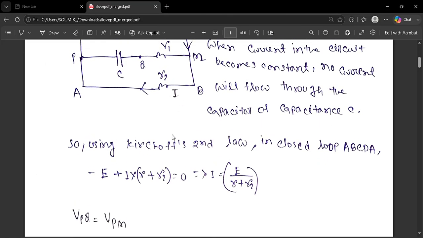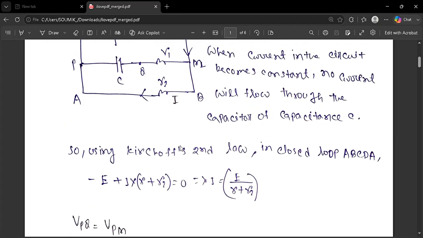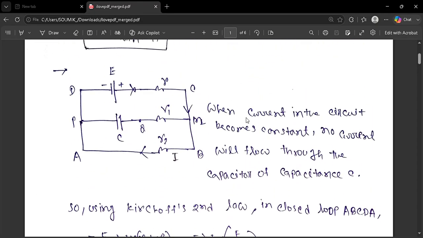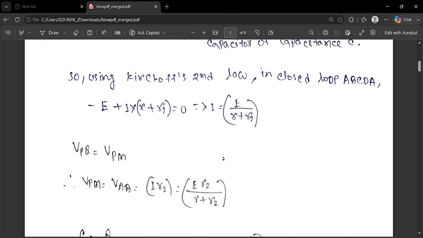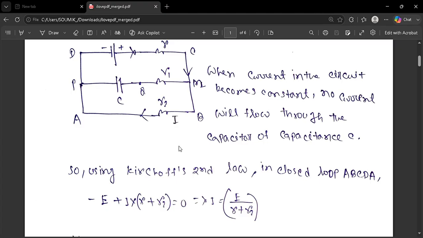It is easy to see in this problem that VPM is equal to VAB. The potential difference between P and M is basically the potential difference between points A and B. So VAB is equal to I into R2.